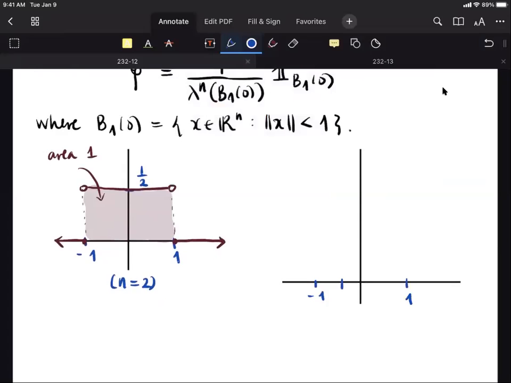And suppose this is -1 over n, and this is 1 over n. So to have an area 1, we need to increase the height to 1 over 2n.